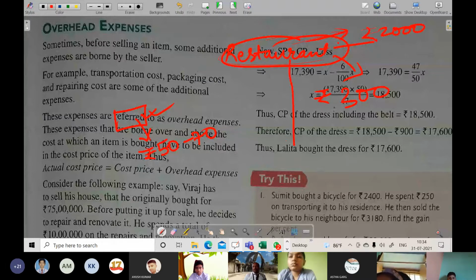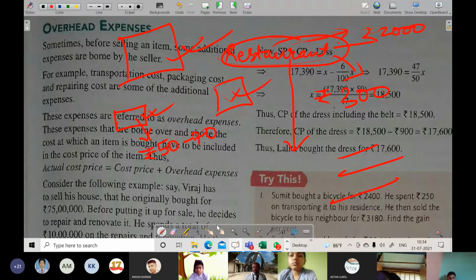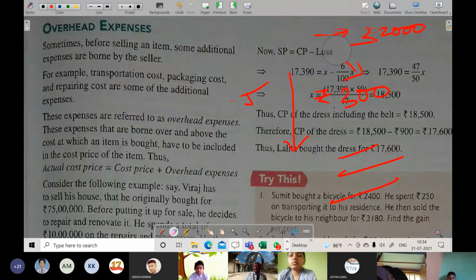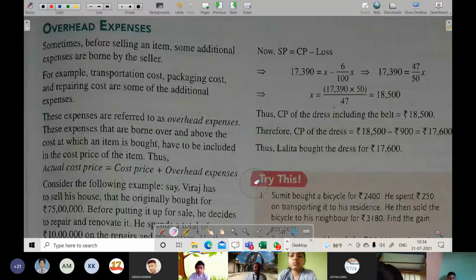Then 5 to 10 waiters are there, they are charging differently. He has taken a big building on rent, that charge is different. Manager charge is different. Where will all this charge go? All that charge will go in the amount itself. So these are all overhead expenses. Getting me?